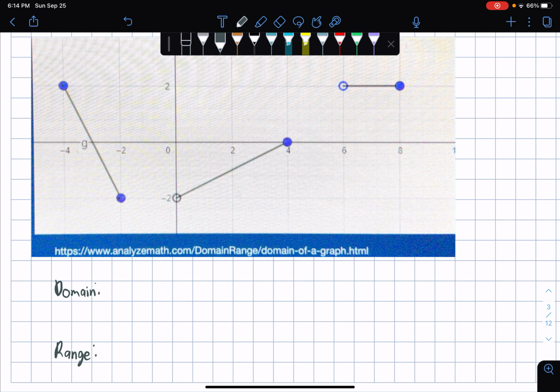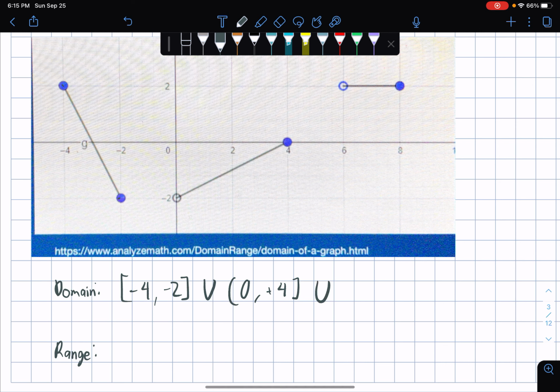So for the union, let's find the domain of this particular line. So it's negative 4, negative 2. Union. Then let's move on to the next line, which is negative 2, positive 4. Oops, sorry, this is 0.